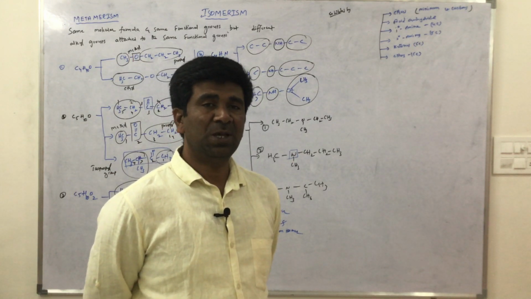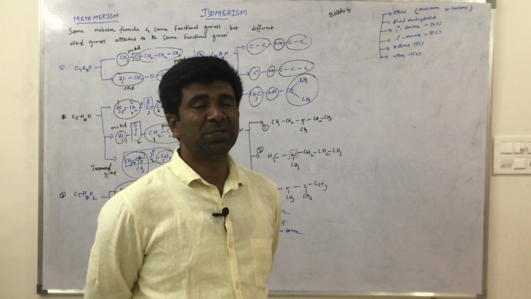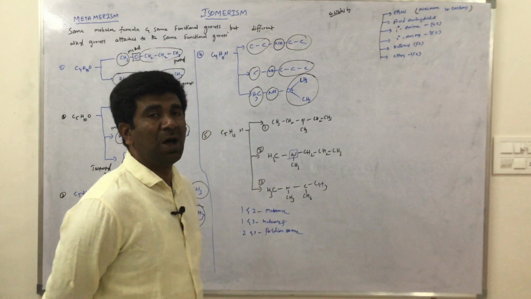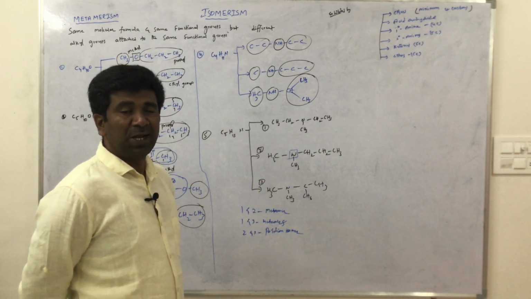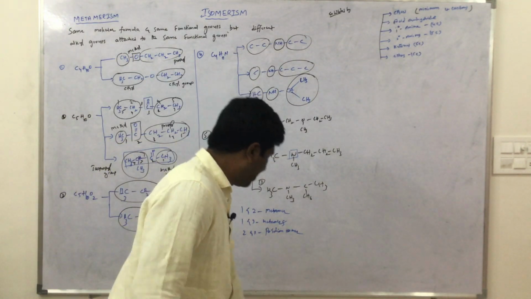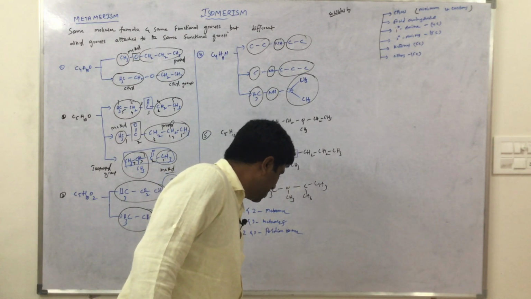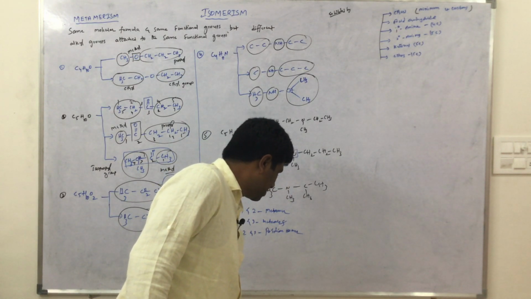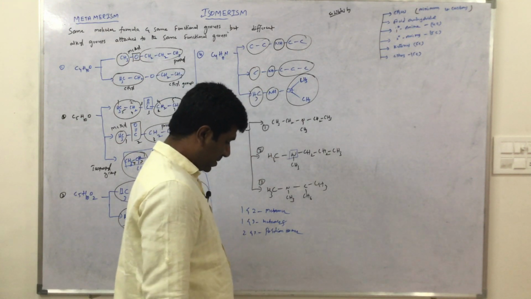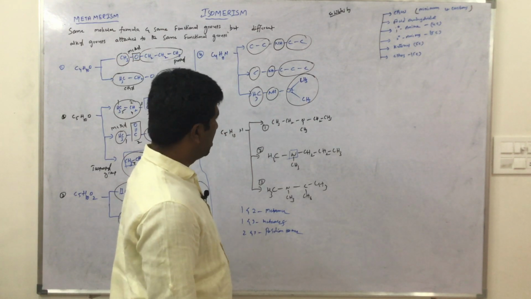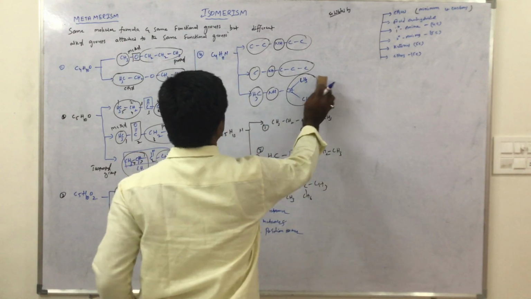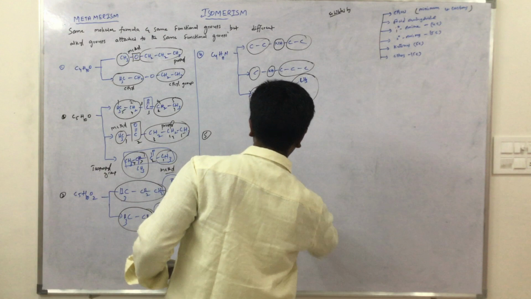Whatever the possibilities in the structure, whether chain, position or functional isomers, write down all the structures and select the option answer. These are tertiary and secondary amines. In total there are 8 isomers. This is very important.